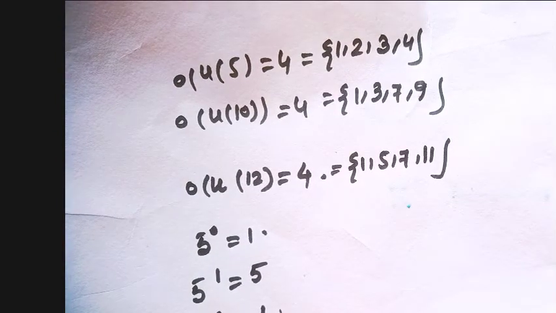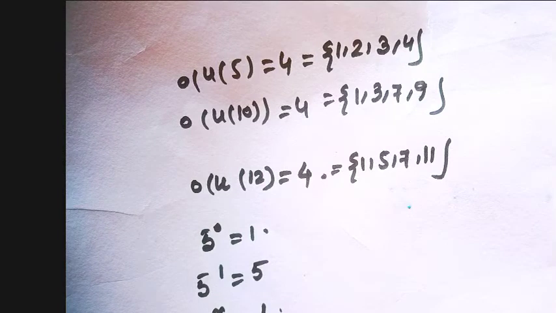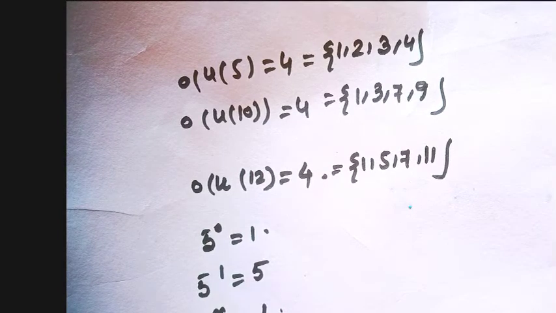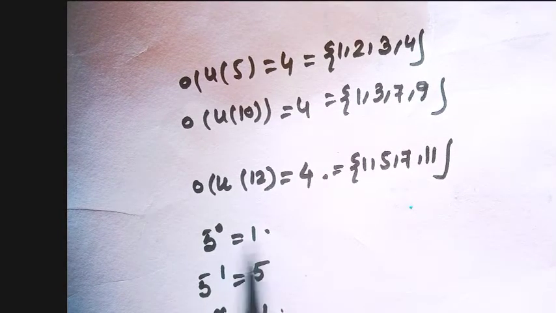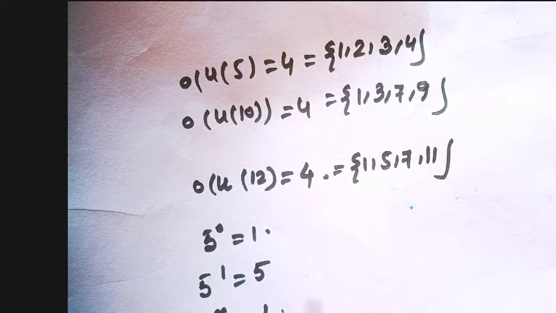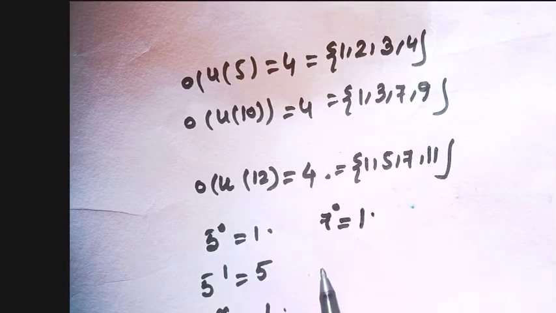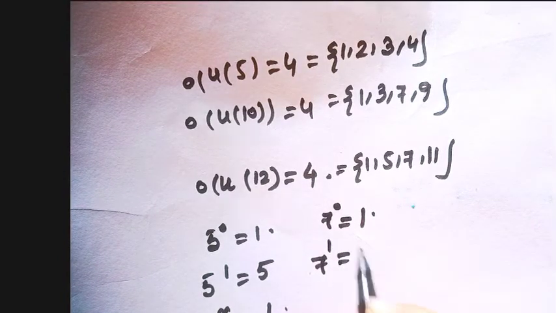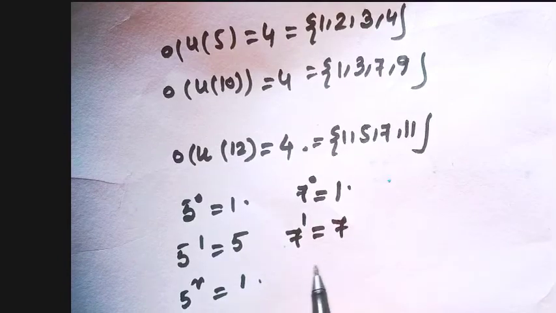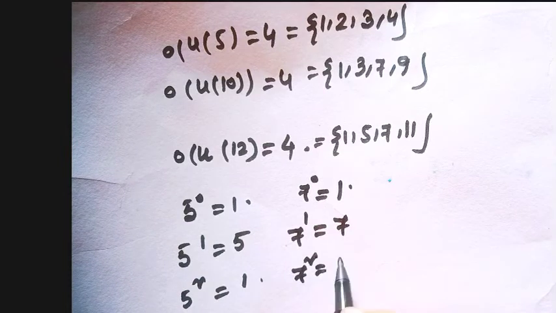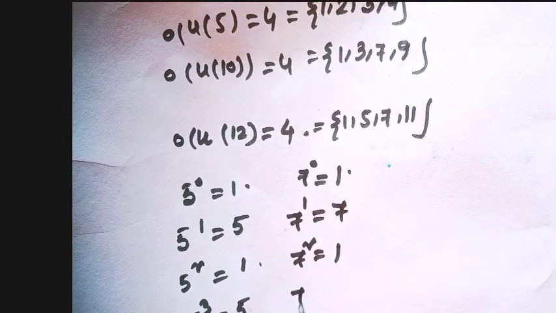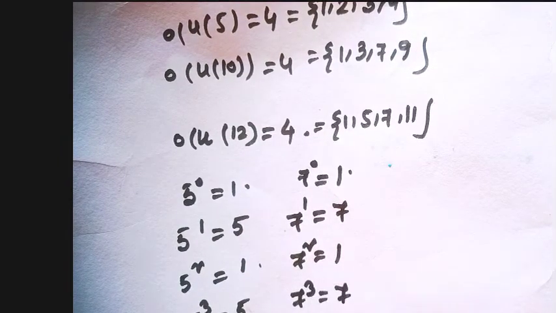So I am not getting all elements of U12. So 5 cannot generate the whole group U12. Similarly, 7 to the power 0 equals 1, 7 to the power 1 equals 7, 7 squared equals 1, and 7 cubed equals 7.